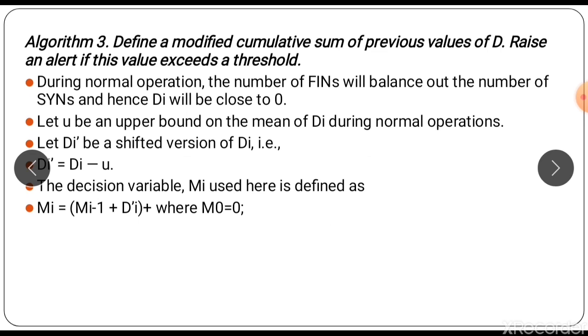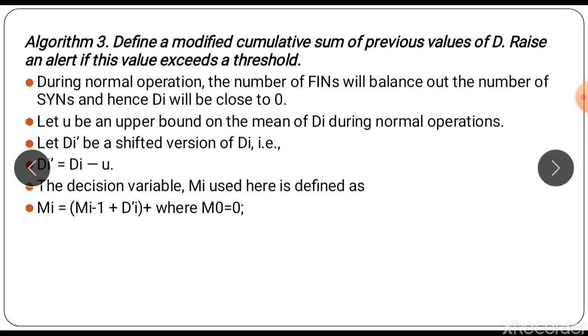During normal operation, the number of FINs will balance out the number of SYN packets and hence Di will be close to 0. Let us define U as the upper bound on the mean of Di during normal operation. Let Di dash be a shifted version of Di, that is, Di dash is equal to Di minus U. The decision variable Mi used here will be computed using this formula.